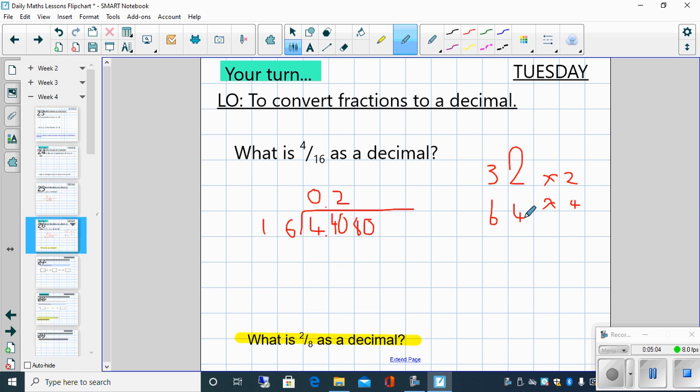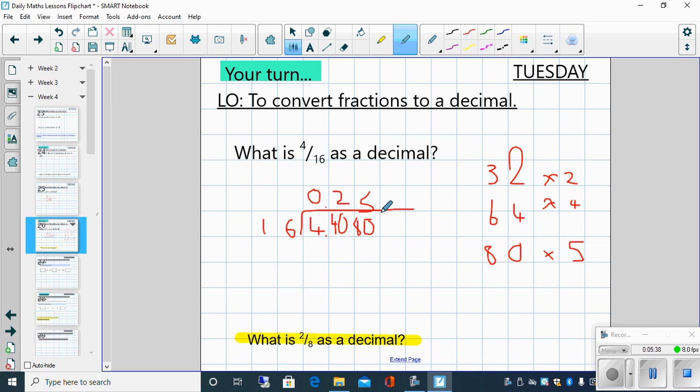Well, yes, if we add on another lot of 16, that would be 80. So 80 is 5 lots of 16, and that is no remainder. How do I know that there are 5 lots of 16 in 80? If I multiplied 16 by 10, that would be 160, and if I halved that, that would be 80. So 5 lots. Now, I've got no remainder left.